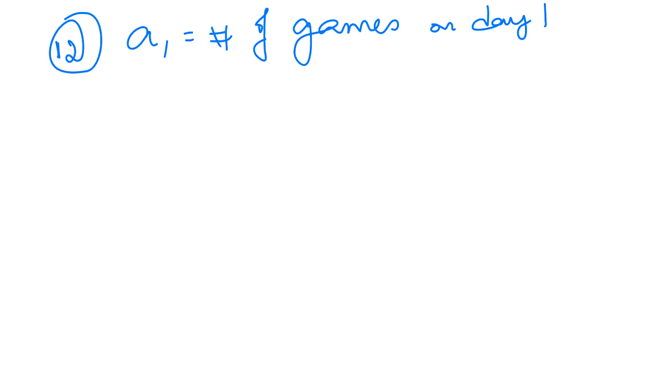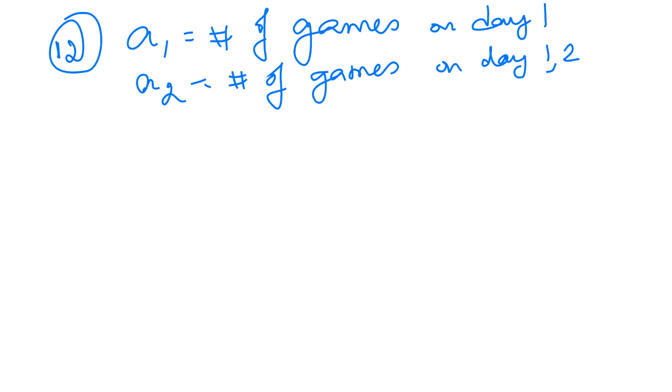I will call in this case A1 the total number of games he practices on day 1. And A2 is the total number of games he practices on day 1 and 2 together. Hope you can understand my handwriting here.